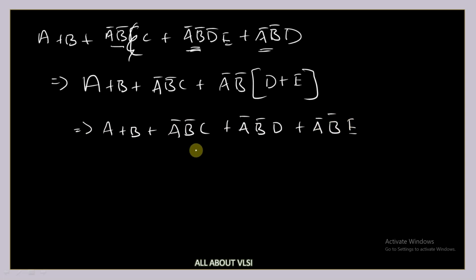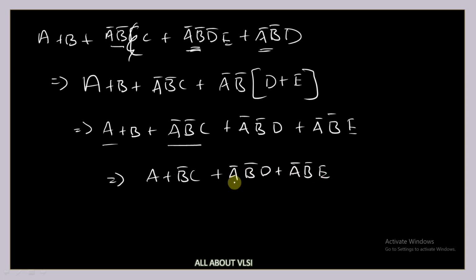So what I'm getting is a different answer now. If I add these two terms, then my a̅ term will be eliminated: a + b̅c + a̅b̅d + a̅b̅e. And plus b.